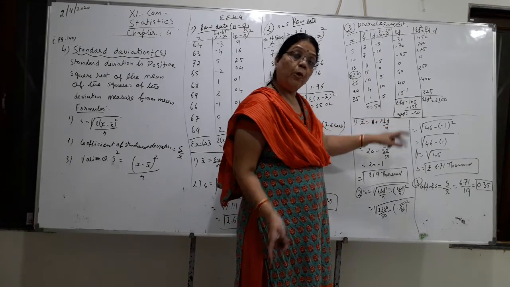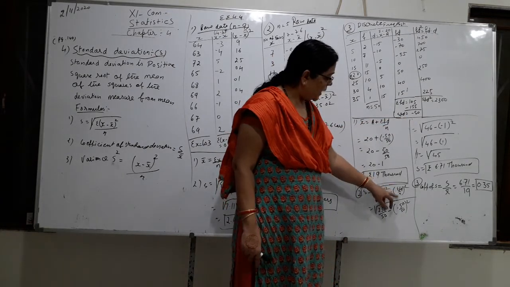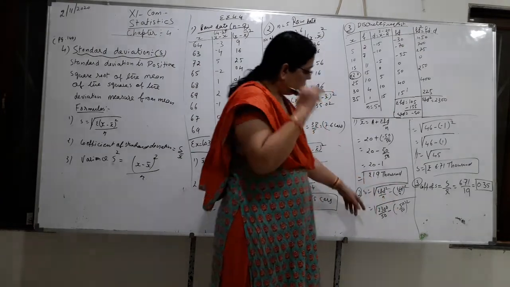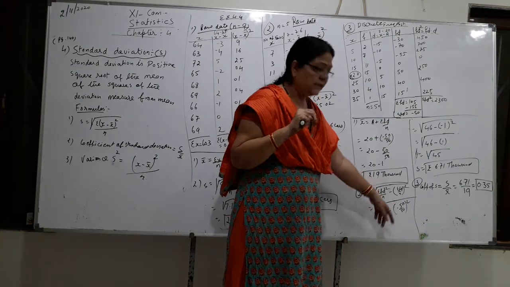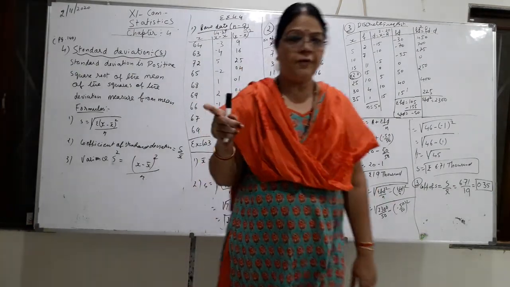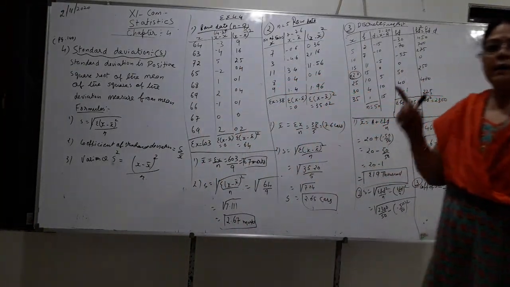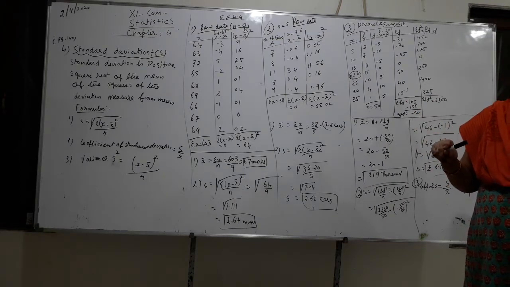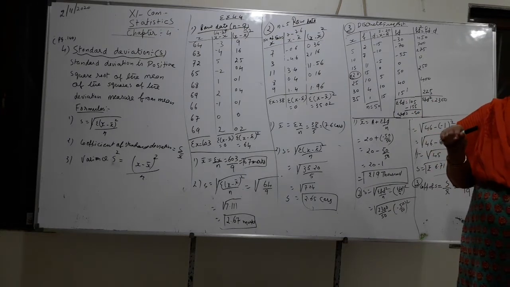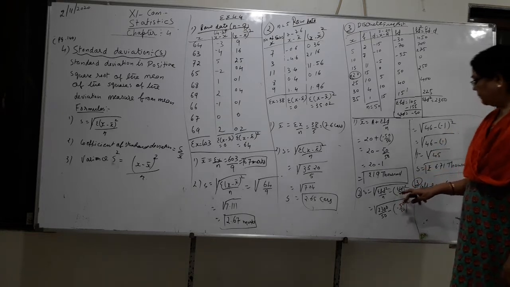Sigma fd upon n means minus 50 upon n. So you will simplify this, 23 upon 50 minus 50 upon 50, you will get minus 1. And minus 1 into minus 1, that is minus 1 square, your minus 1 will become plus 1.